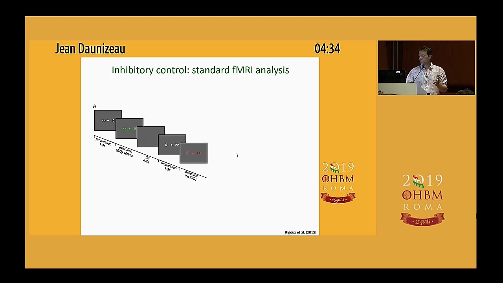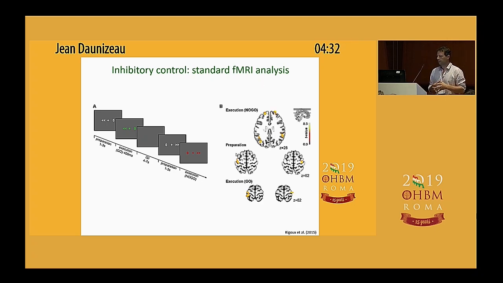And when you do the fMRI analysis, this is what you find. So execution of left-right hand movement corresponds to the contralateral primary motor cortex. The preparation instruction is again lateralized, so prepare left hand activates the right premotor cortex, prepare right hand activates the left premotor cortex.